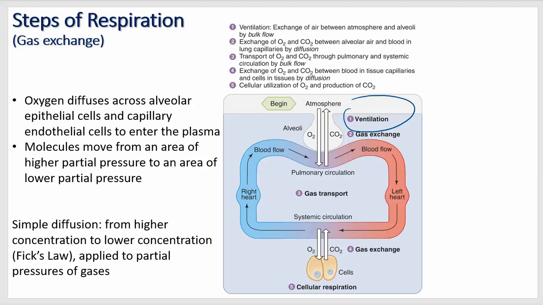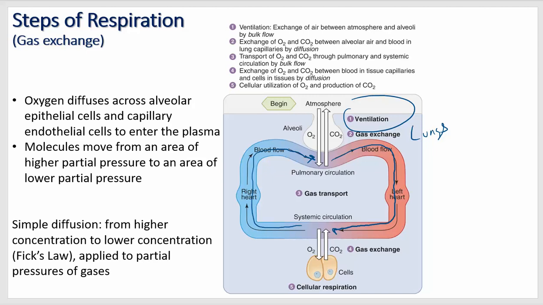Gas exchange, we have exchange of oxygen and carbon dioxide in the lungs. Then it moves through the system, left heart, after it's oxygenated, and then it goes to the cell. So we have gas exchange in the cells, which is cellular respiration, okay? And then it moves back to the lungs where it picks up more. So that's our gas transport.